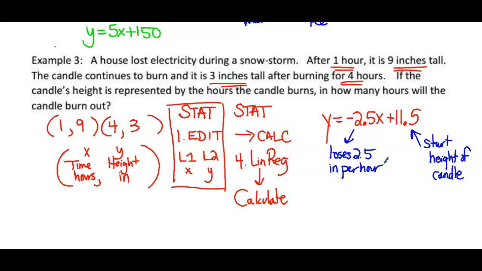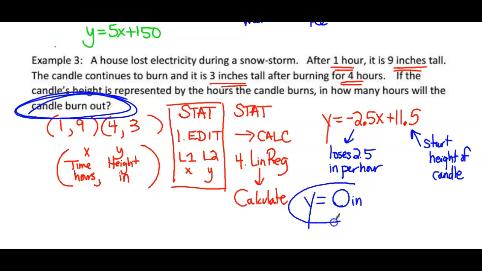So now we're going to read, and it says if the candle's height is represented by the hours the candle burns, how many hours will the candle be burnt out? If the candle is burnt out, that means the height of the candle is 0 inches. And 0 inches would be the Y value.